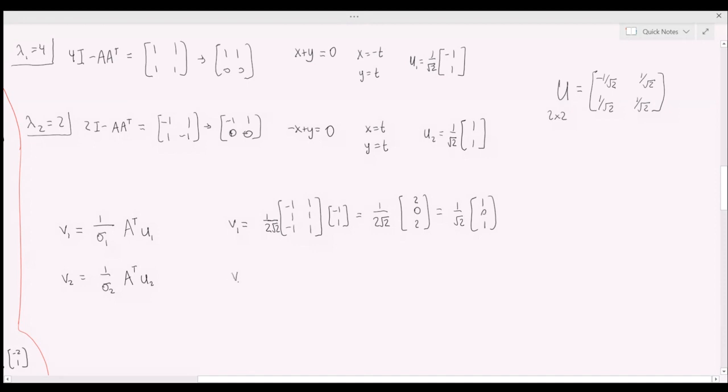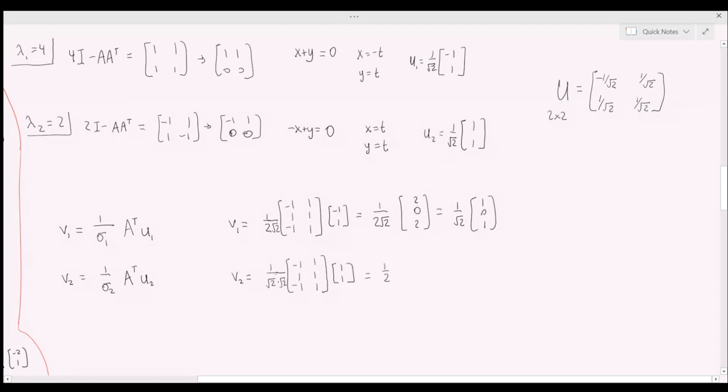Okay. And then for v2, that'll be 1 over, so the second singular value would have been the square root of the second eigenvalue, so square root of 2. And then A transpose once again, times u2, which was 1 over root 2 times (1, 1) this time.